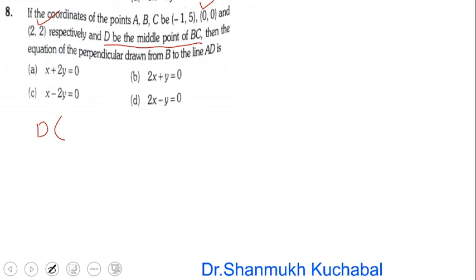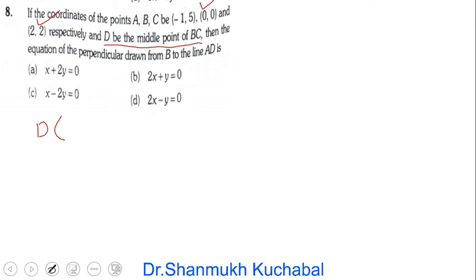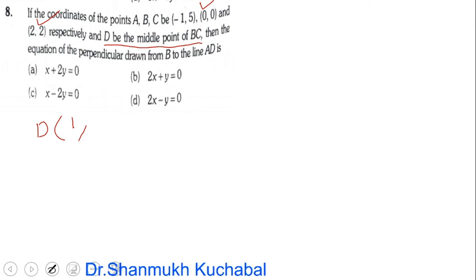It is given that D is the midpoint of BC. Apply the formula (x1 plus x2) divided by 2, (y1 plus y2) divided by 2. Using the midpoint, 0 plus 2, 2 divided by 2, is 1; 0 plus 2, 2 divided by 2, is 1.